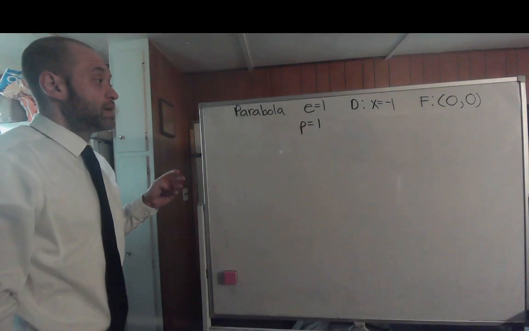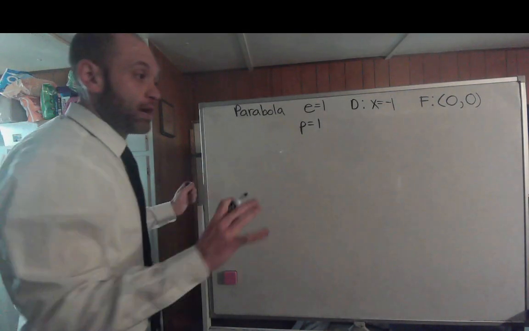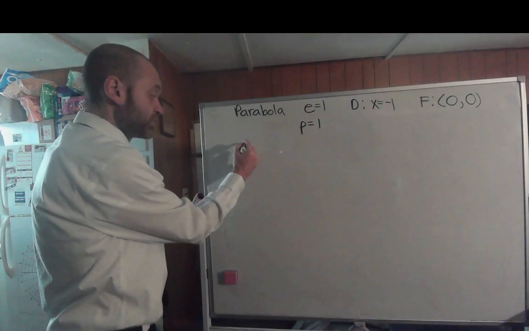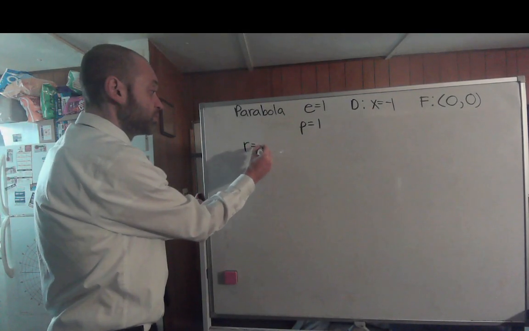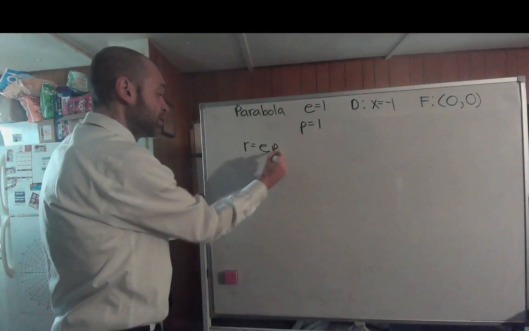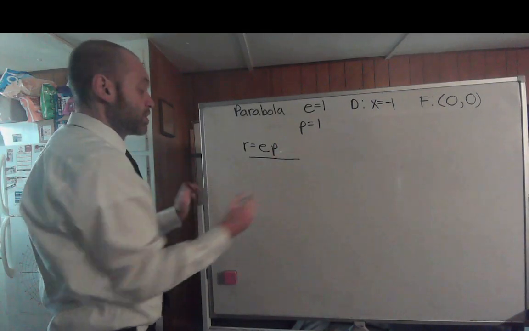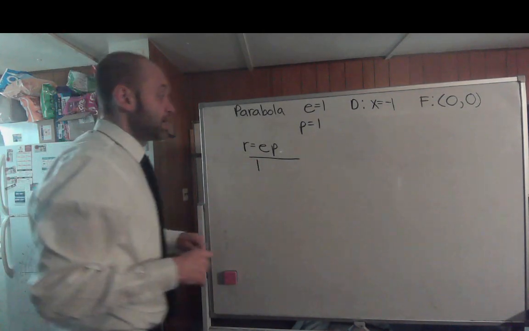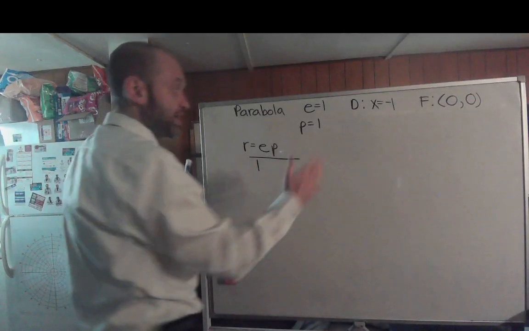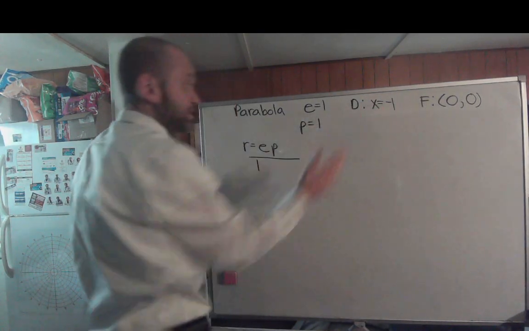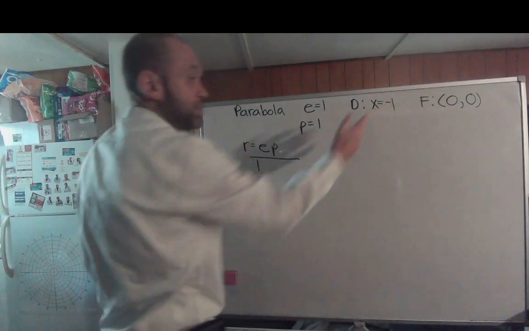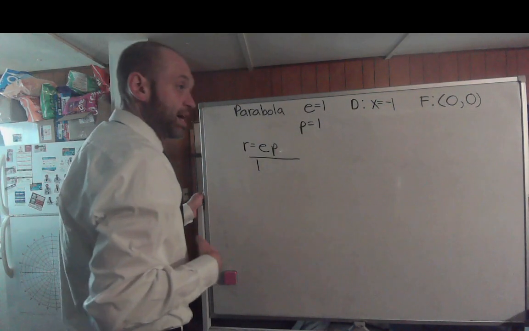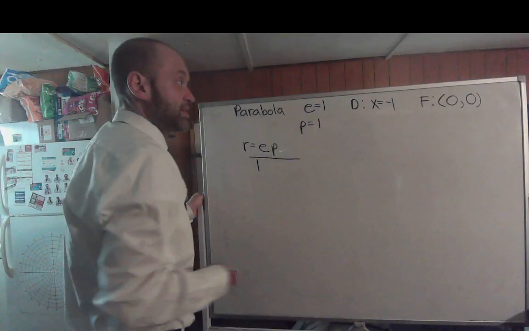Now, let's go ahead and set up our equation. Let's just start with the general form. R equals EP all over 1. Now, the x-axis is the major axis because the directrix always gives which axis is the major axis, or what axis it has symmetry with.